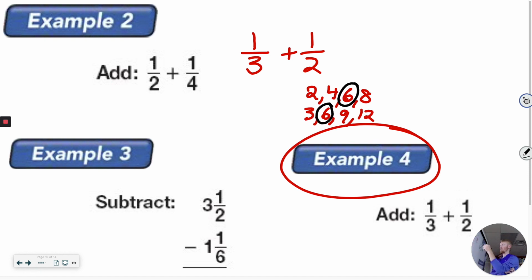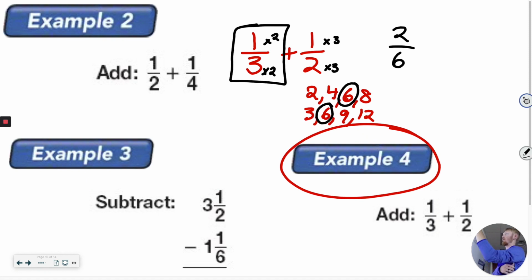All right, so I'm going to do 3 times 2, which means I also need to multiply this top by 2. And I'm going to do 2 times 3, which means I also need to multiply the top by 3. Okay, so now I'm going to rewrite my problem. I have 2 over 6, because that's what this turns into.